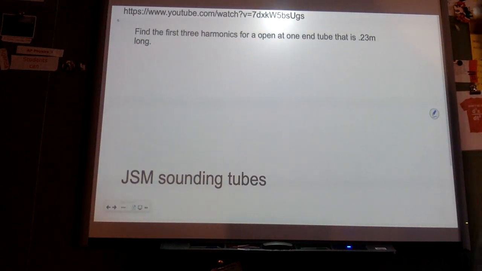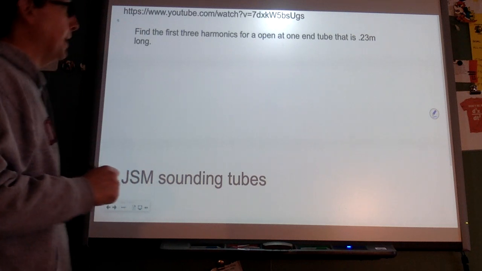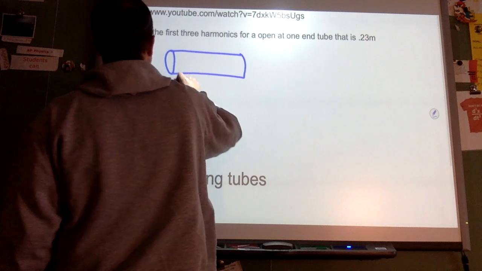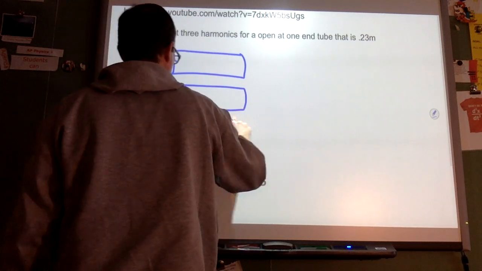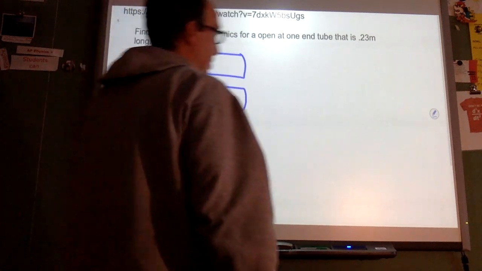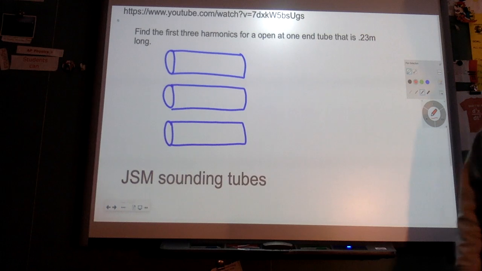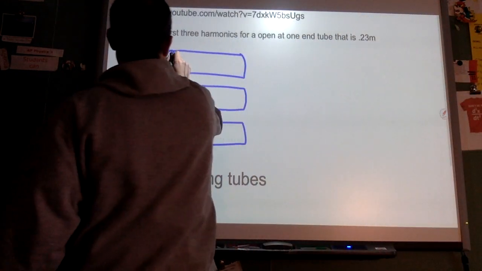All right, so find the first 3 harmonics for an open at one end tube that is 0.23 meters long. So our tube isn't changing. Our tube is going to be the same, and we're saying that we can fit a quarter in the first one.